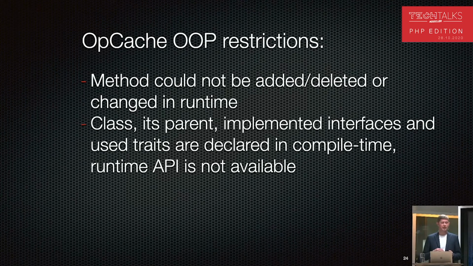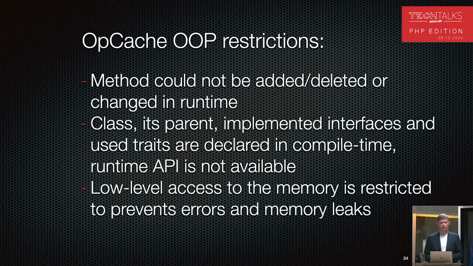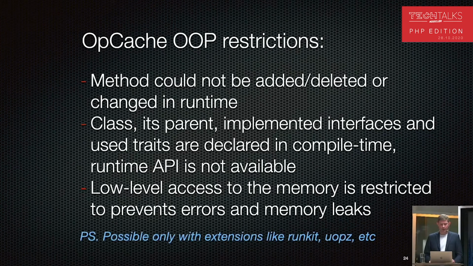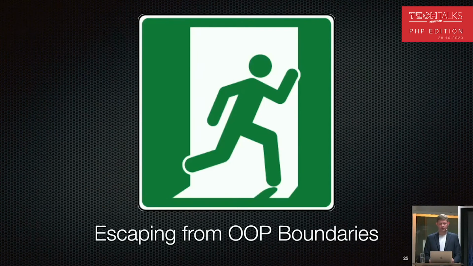We cannot change the inheritance structure, for example, to add new interfaces or remove interfaces. And we also cannot modify existing behavior of compiled classes. Of course, it's possible to do it with some powerful extensions like runkit or uopz, but we really don't want to use them.